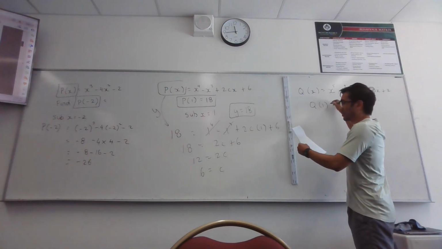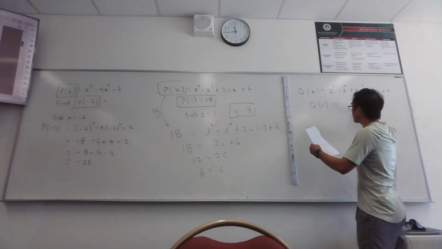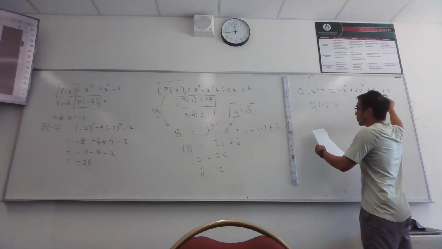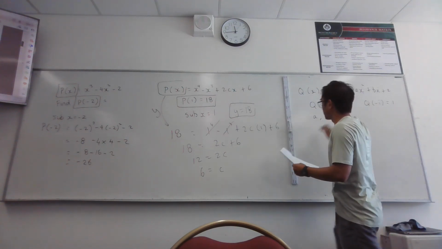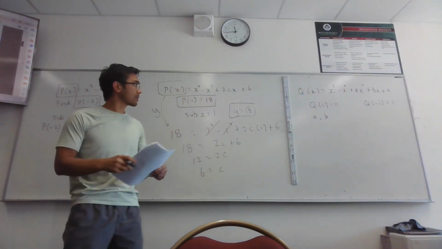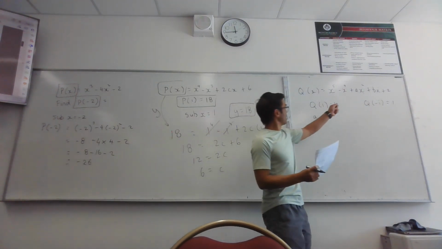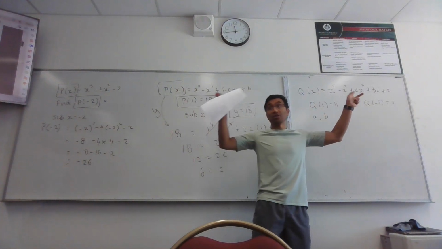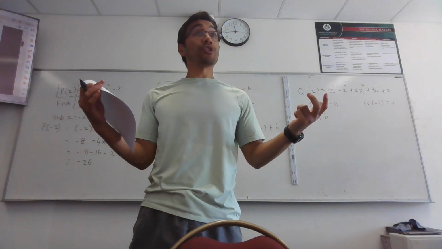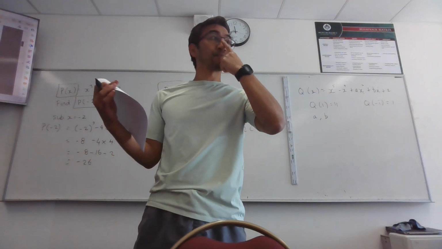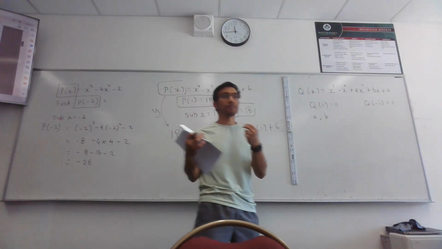So the first information, Q(1) equals 11 and Q(-1) equals 1. And we want to find A and B. Immediately, we've got two sets of information for our equation. Therefore, what technique are we going to use if we've got two sets of information now?